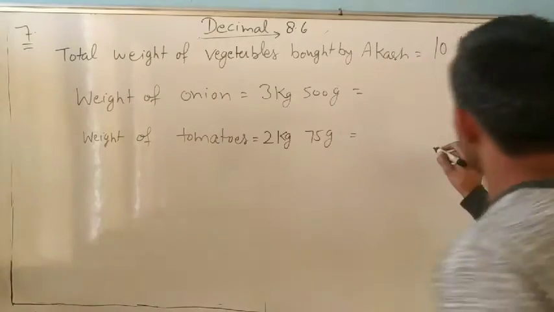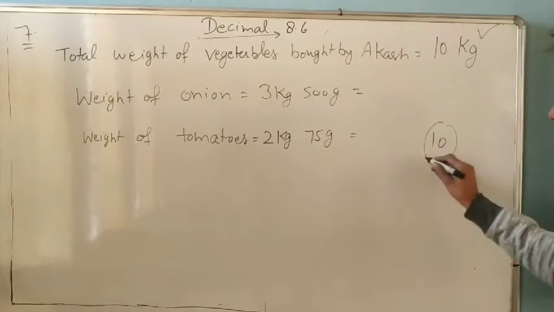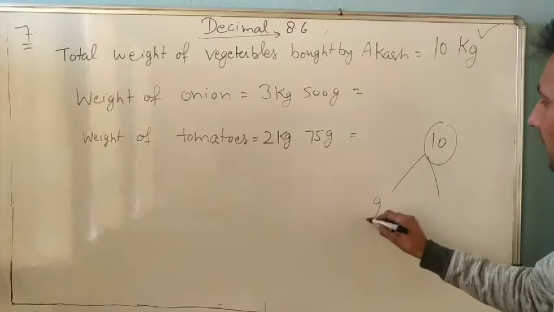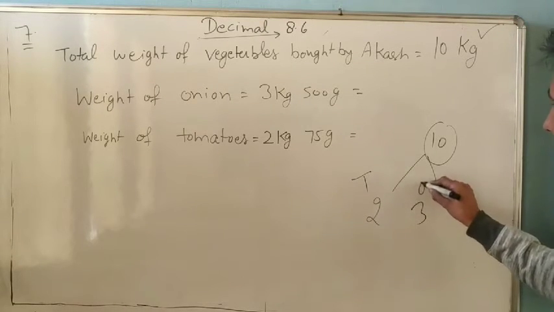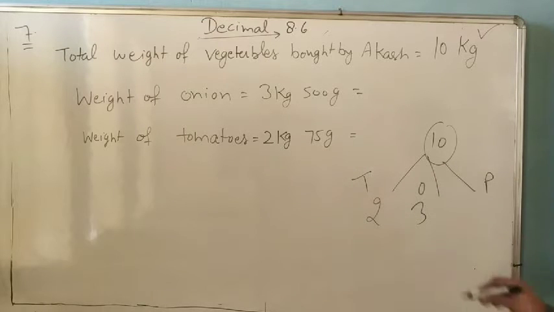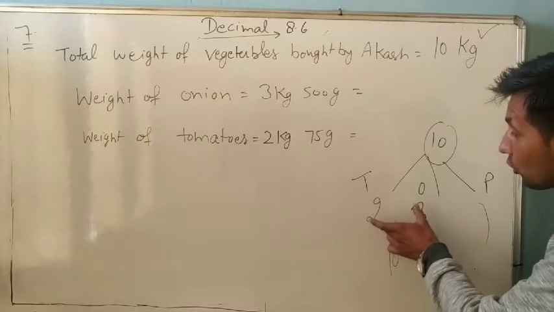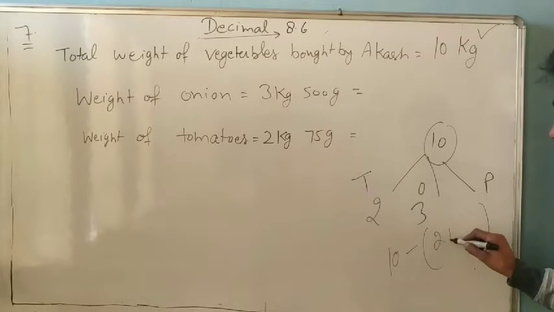It is very simple. Total vegetables is 10 kg. Suppose 2 kg tomato, 3 kg onion. So how much is potato? 10 minus total weight of tomato and onion. 2 plus 3, 5.